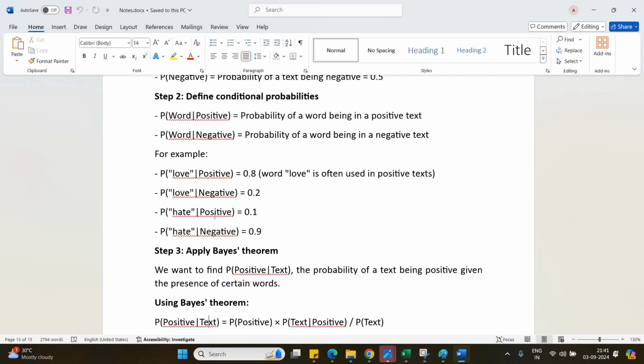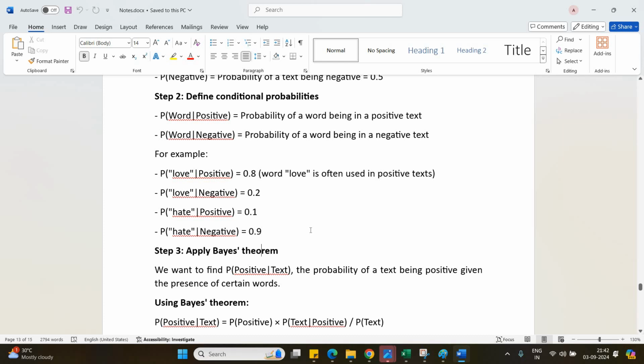So this word hate has been used in a positive sense. But mostly the word hate is used in the negative sense. So when the sentiment is negative, there could be a 90% probability that the word hate will be used in a negative sense.